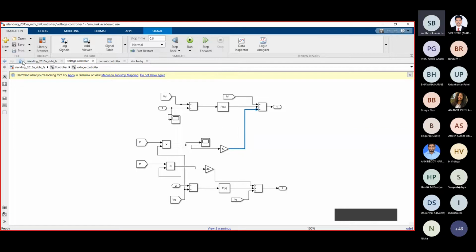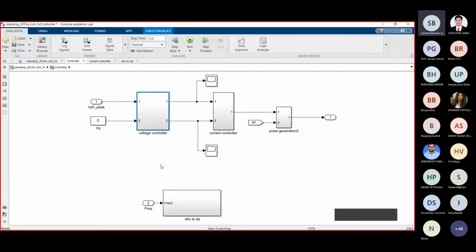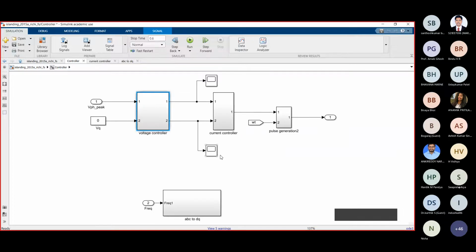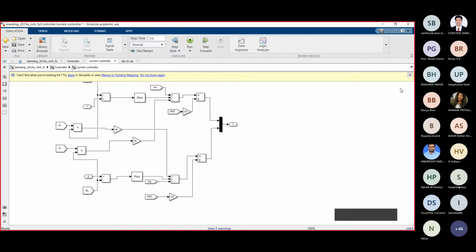This block is for the voltage control loop. Whatever signal we get from it, we send to the current controller block. Here, as in the previous slides I explained, this is the decoupling term, and this is for when there is a change in the load.